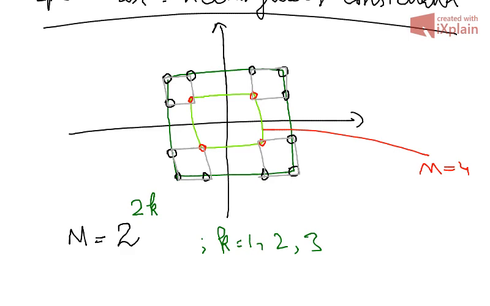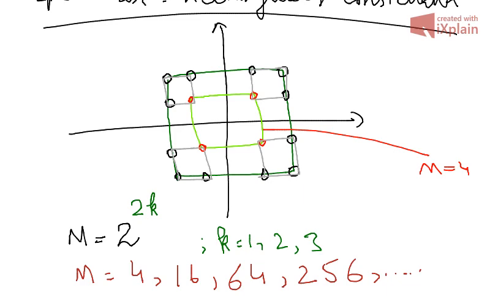What would be the possible values of M? Possible values of M would be 4, 16, 64, 256, right? So these are perfect squares. If you see 4, you can take the square root, 2. 16, the square root is 4. 64, you can take the square root, which is 8. So these are perfect squares, right? Now these are the possible values of M.